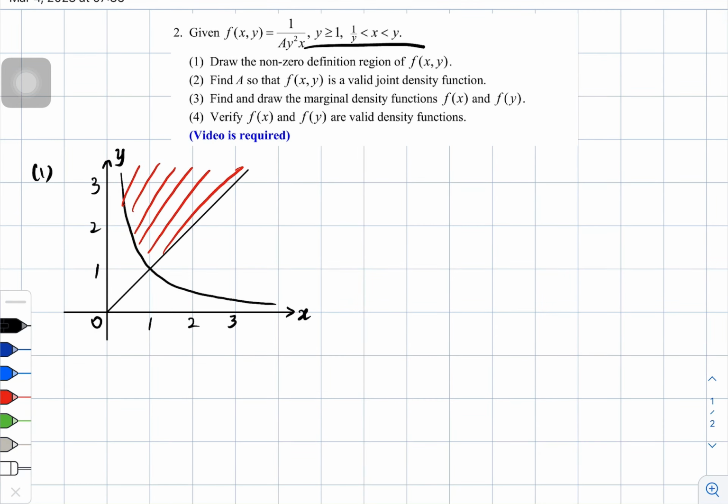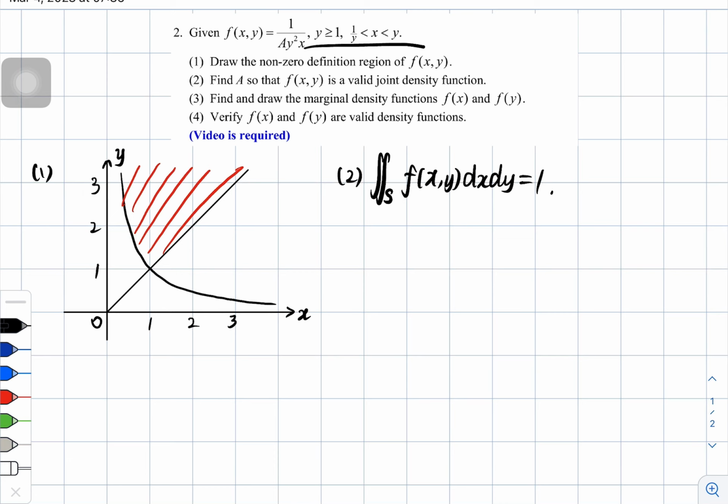For the second part, find A so that fxy is a valid joint density function. If fxy is a valid joint density function, it should satisfy the integral of fxy dx dy equals 1.